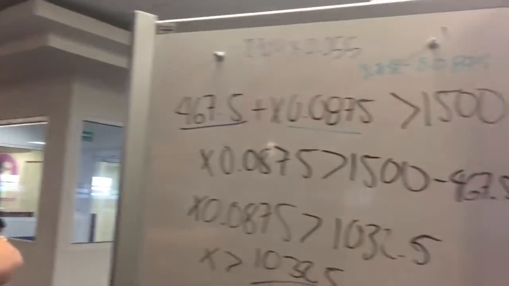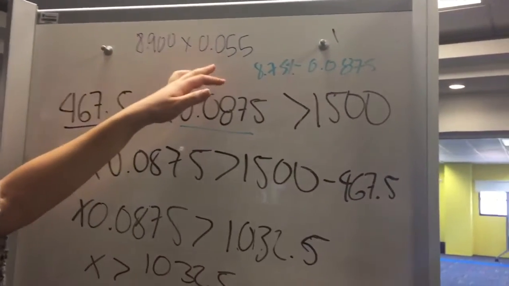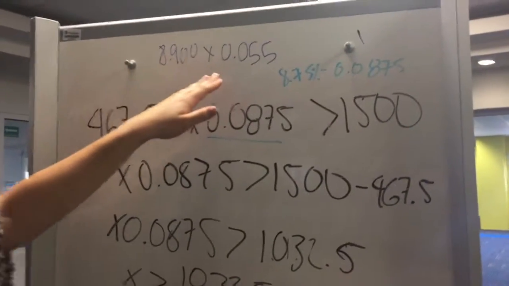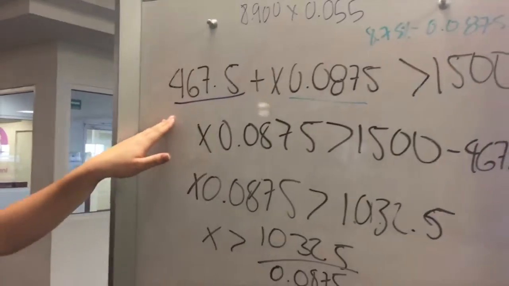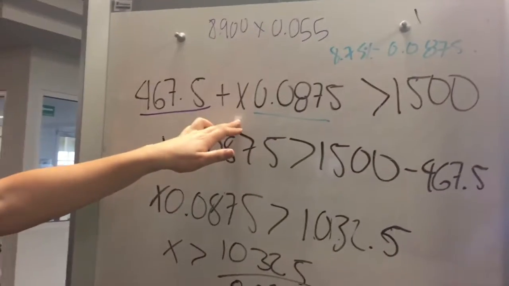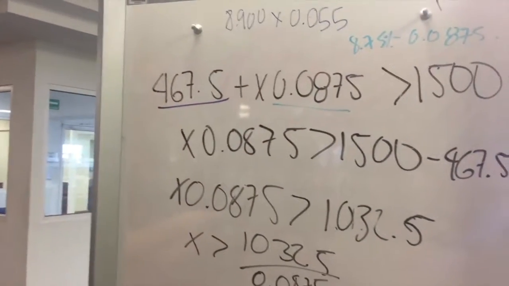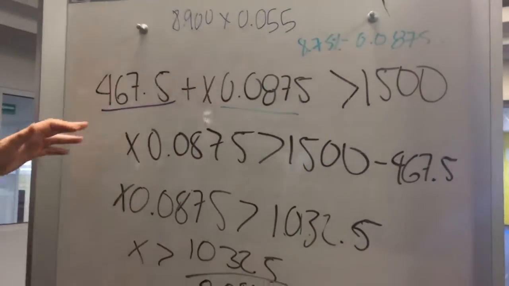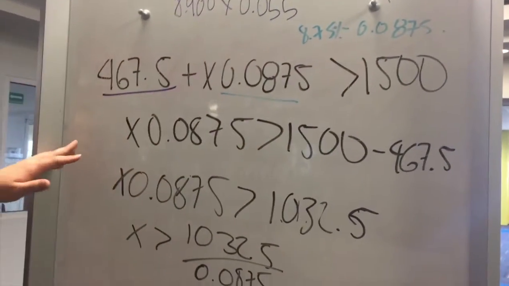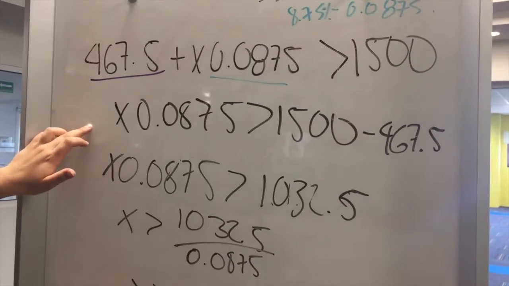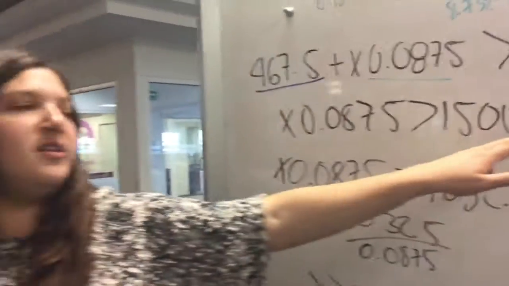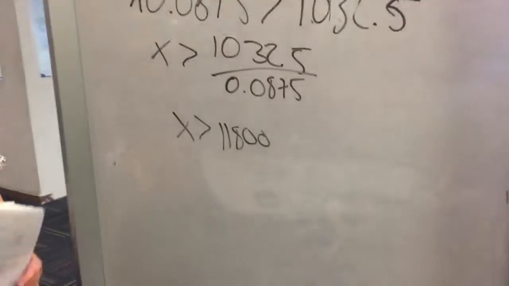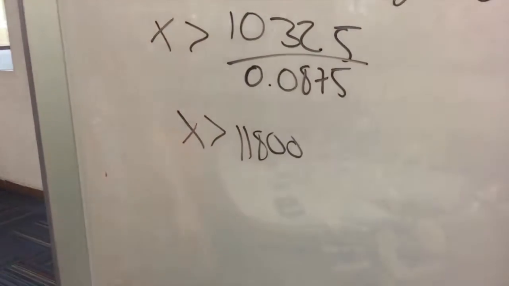So you have to change 5.5% to decimals, and then you multiply the 8,900 times the decimals, and you get this, plus the X of the interest that you want to be paid, and you change it to decimal, so you make an inequality. So you have to solve for X, so you press this subtracting and then this dividing, and you get that X is greater than 11,800.